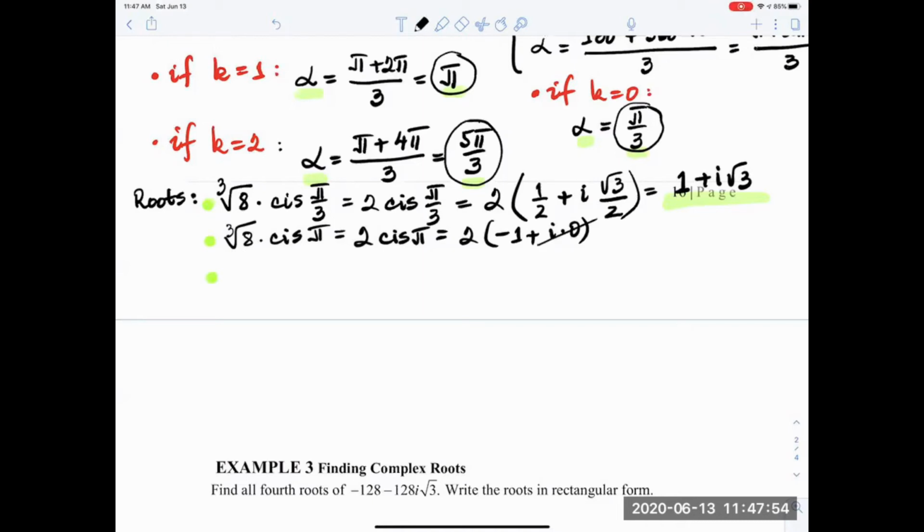So that term goes away, so you get -2. So that is your second one. Last one, root of order 3 of 8 times CIS. If k was 2, so that's 5 pi over 3. So that becomes 2 times CIS of 5 pi over 3.